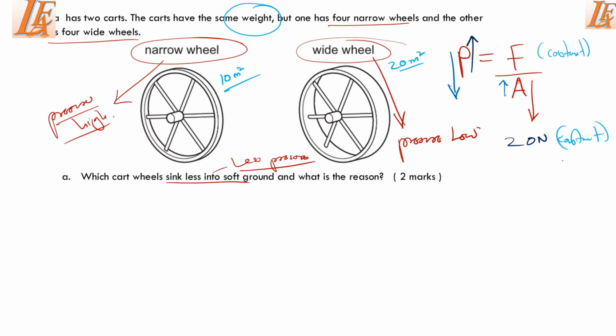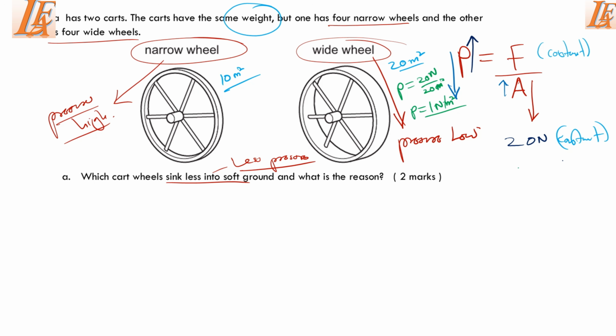To find pressure on the larger wheel, we will say pressure is equal to force, which is 20 Newton, divided by area, which is 20 square meters. Then we find our pressure as 1 Newton per square meter.